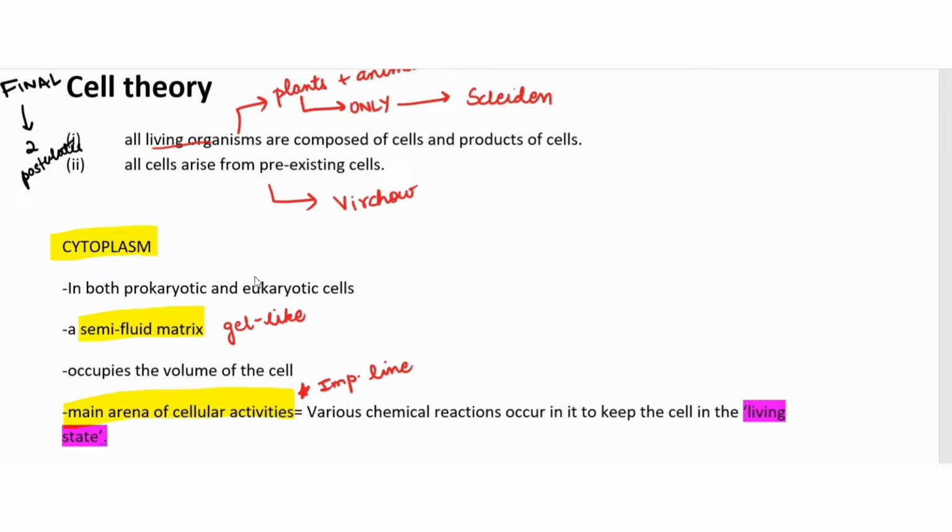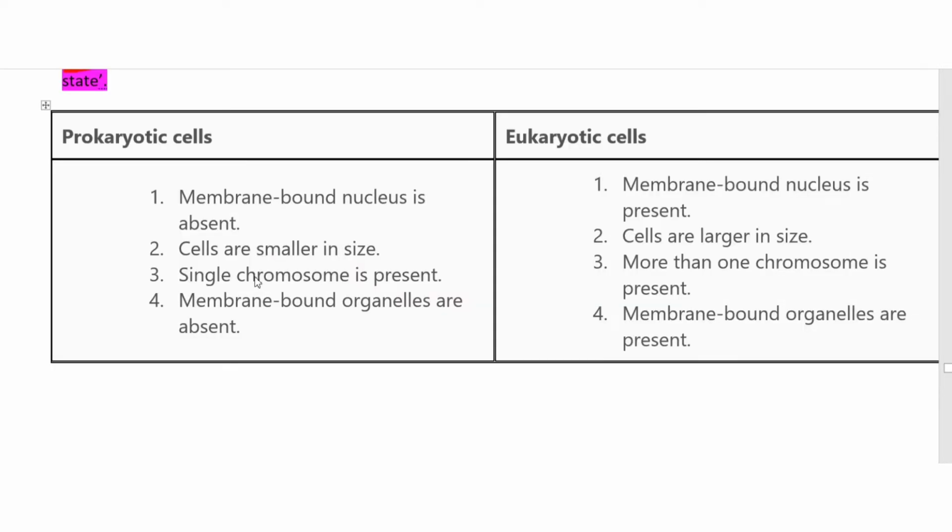This means that various chemical reactions occur in the cell in order to maintain the cell in the living state. Only if reactions occur, we say that the cell is in the living state. Okay. We said that cytoplasm is present in both eukaryotic and prokaryotic cells. So here we saw two new terms. So let's quickly list out what are the differences and what each one means. Okay. So prokaryotic.